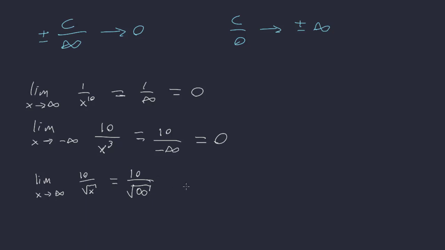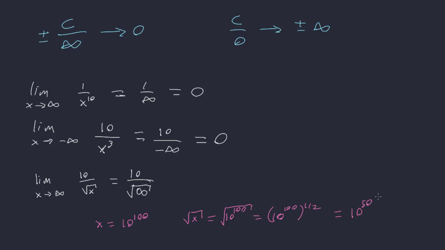That's still going to be extremely large, because if you think about putting your x's in, let's say the x you choose is like 10 to the 100, then the square root of that is essentially the 1/2 power, which will be 10 to the 50.